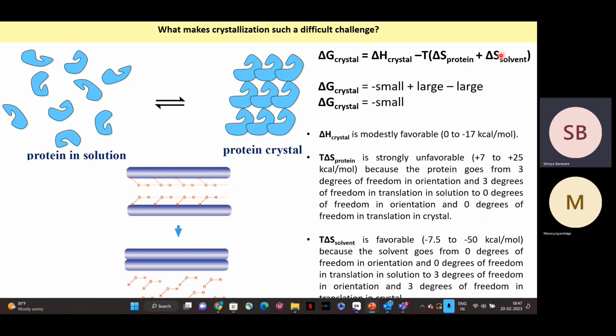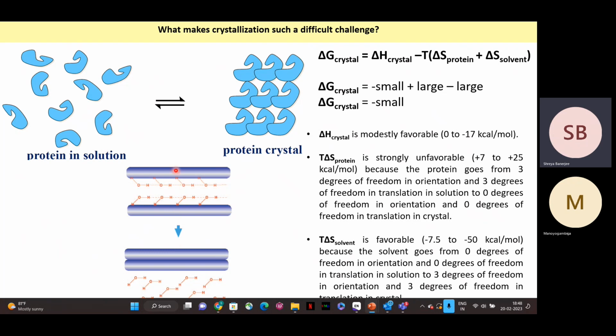On the other hand, the delta S of the solvent is strongly favorable, from minus 7.5 to minus 50 kilocalorie per mole. This can be understood by this diagram. If you consider this as two proteins which are in solution, the solvents are trapped between the proteins, forming hydrogen bonds.